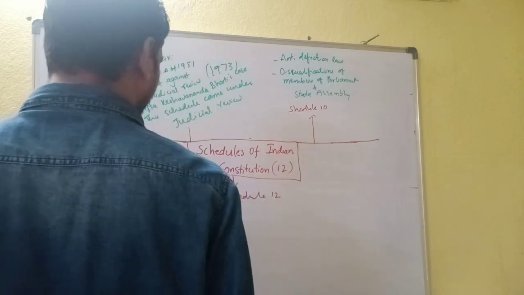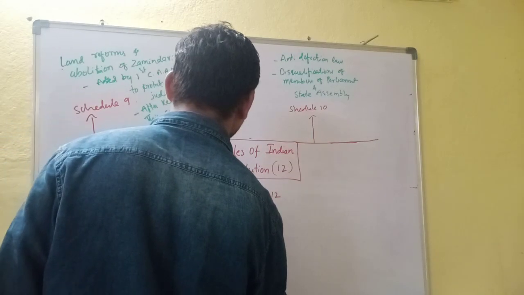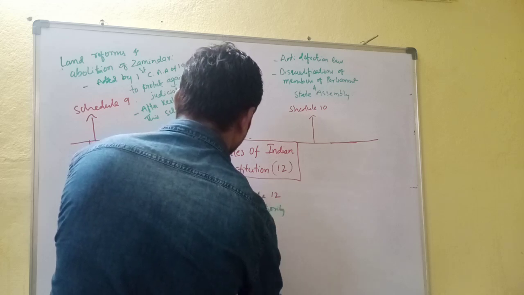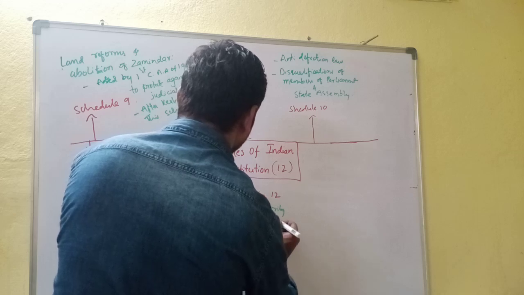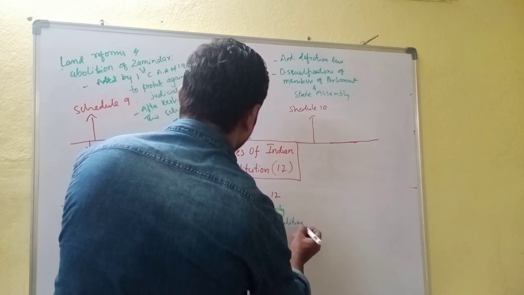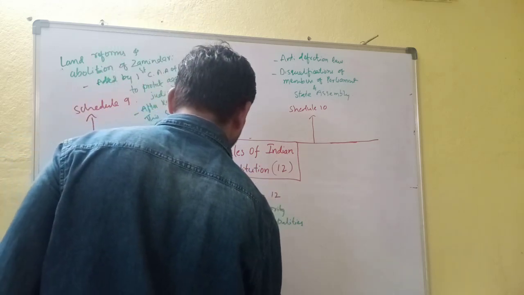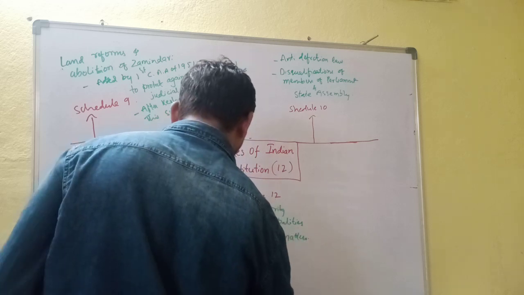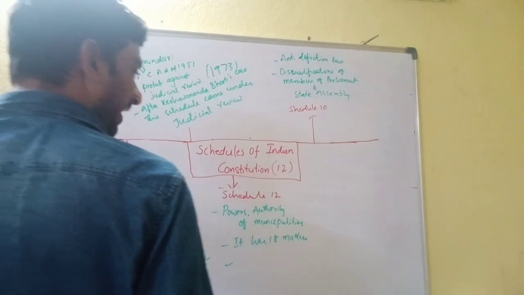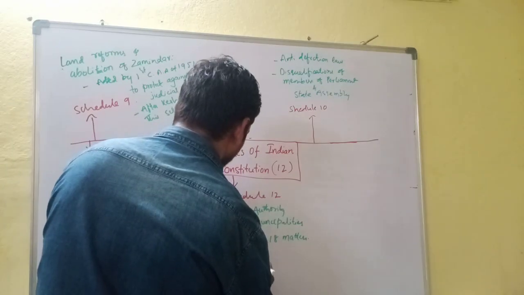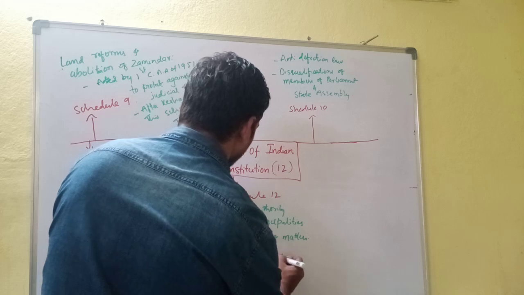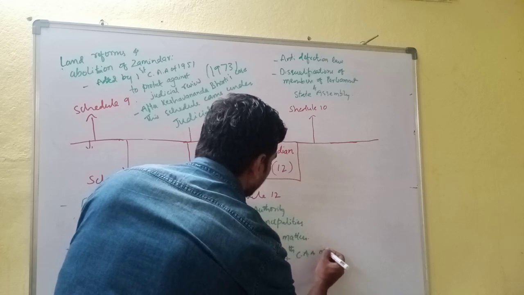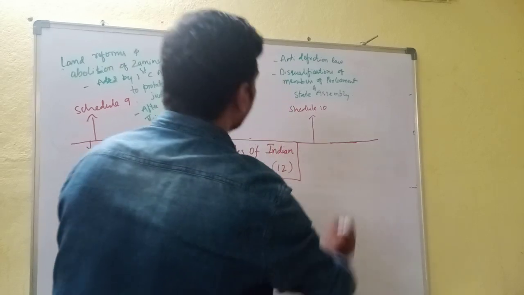Last schedule, Schedule 12: powers and authorities of municipalities. It has 18 matters and was added by the 74th Constitutional Amendment Act of 1992.